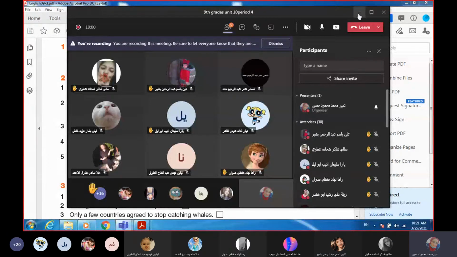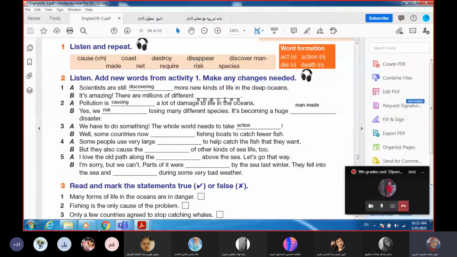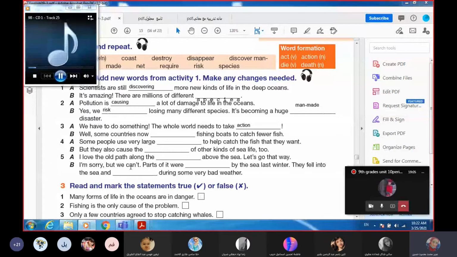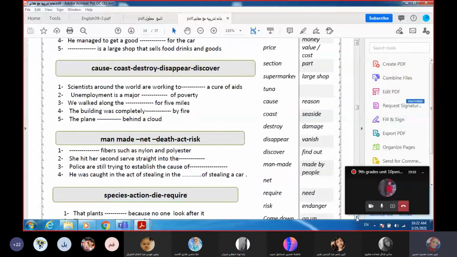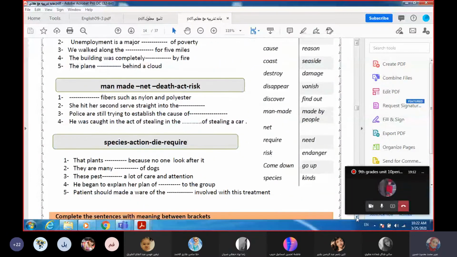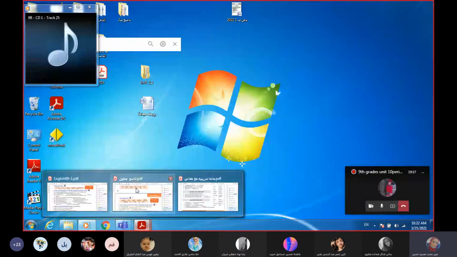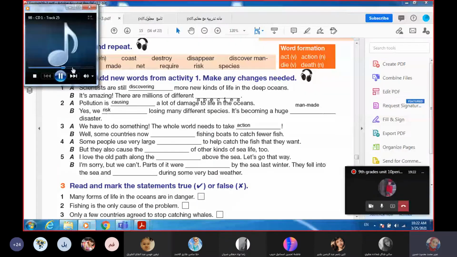Now we are going to introduce new words and meanings. Please listen and follow. Period 4. Activity 1. Cause. Coast. Destroy. Disappear. Discover. Man-made. Net. Require. Risk. Species. Word formation. Act, action. Die, death.